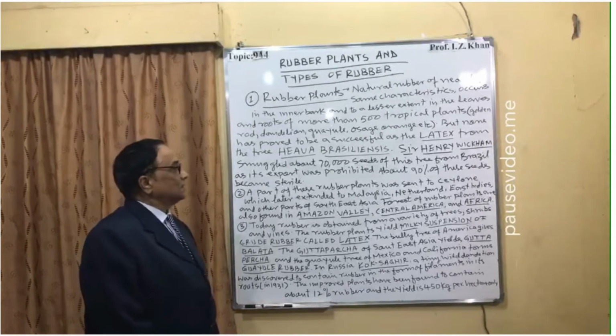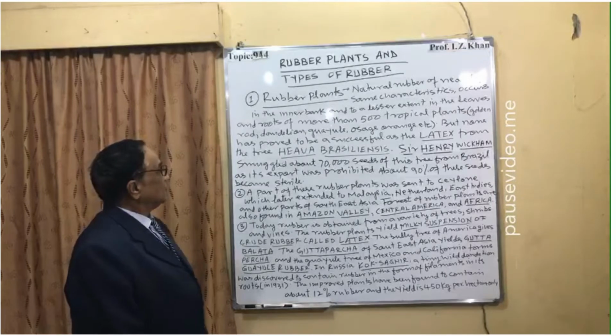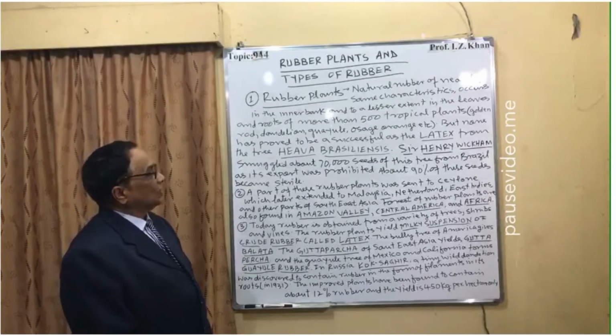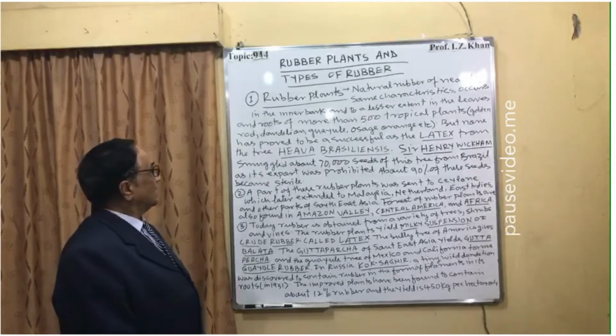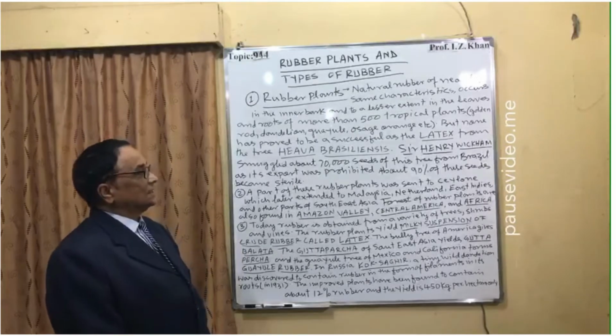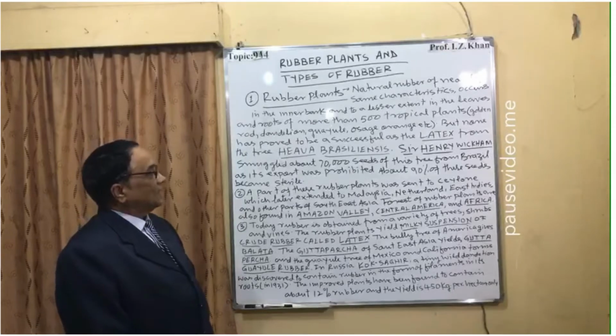Some are mentioned here, for example goldenrod, dandelion, guayule, and Osage orange, etc. But none has proved to be as successful as the latex from the tree Hevea Brasiliensis.